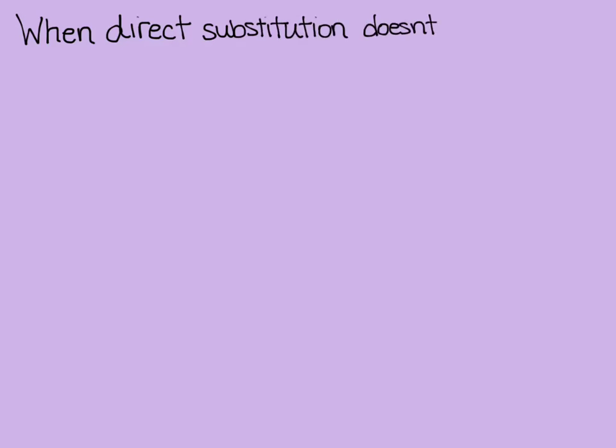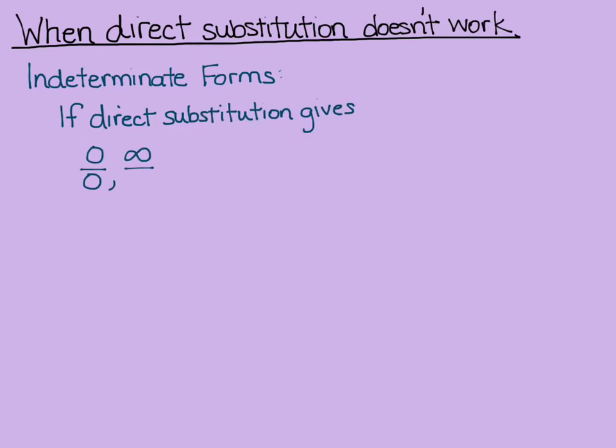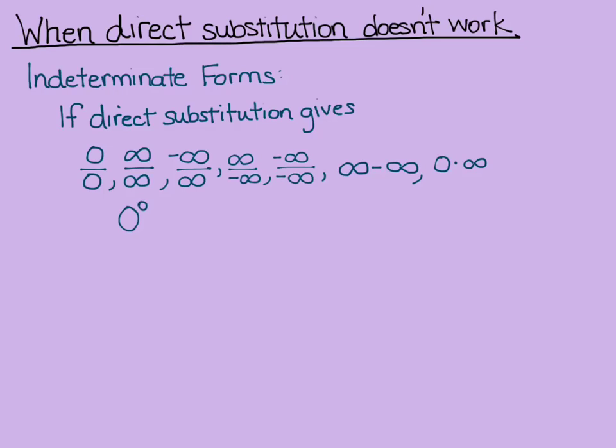Direct substitution sometimes will not work, however. This happens when we have something that's called an indeterminate form. If direct substitution gives us something of the following forms: 0 divided by 0, infinity divided by infinity, negative infinity divided by infinity, infinity divided by negative infinity, negative infinity divided by negative infinity, infinity minus infinity, 0 times plus or minus infinity, 0 to the 0, 1 to the infinity, or infinity to the 0.